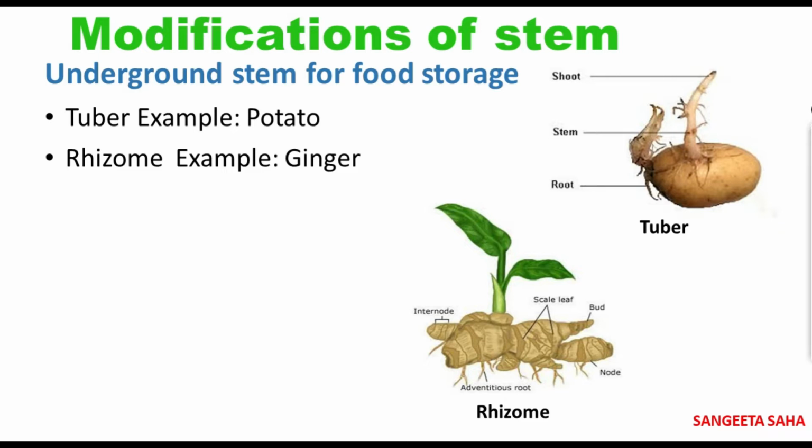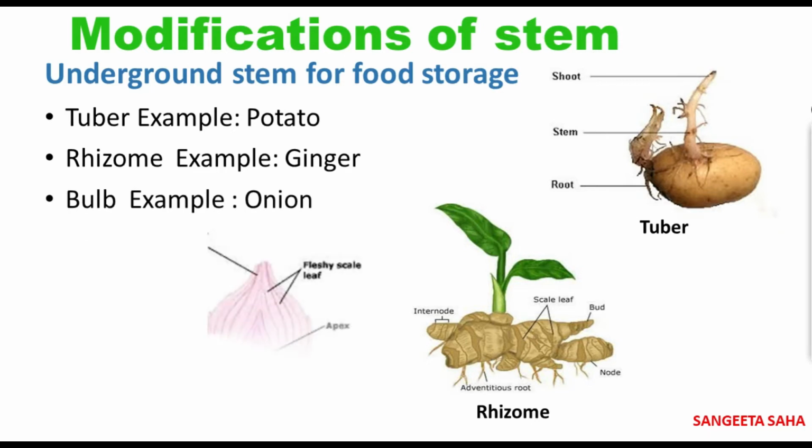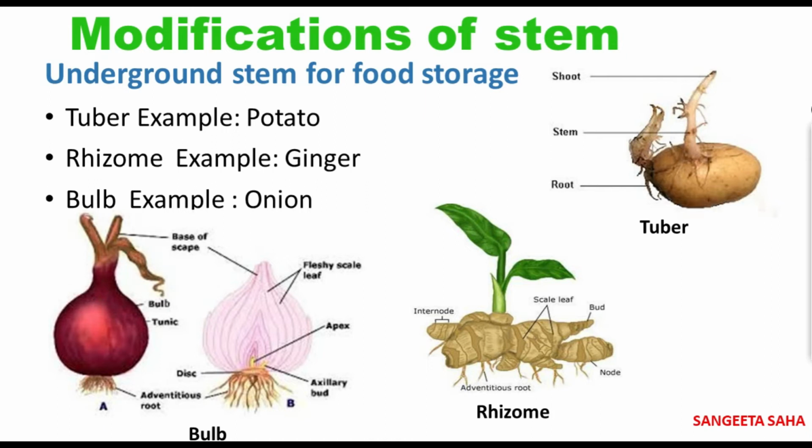Next is bulb. This is seen in onion. It is an underground structure possessing a reduced stem and several fleshy scale leaves that are concentrically arranged around the terminal bud. You can see this in garlic as well.